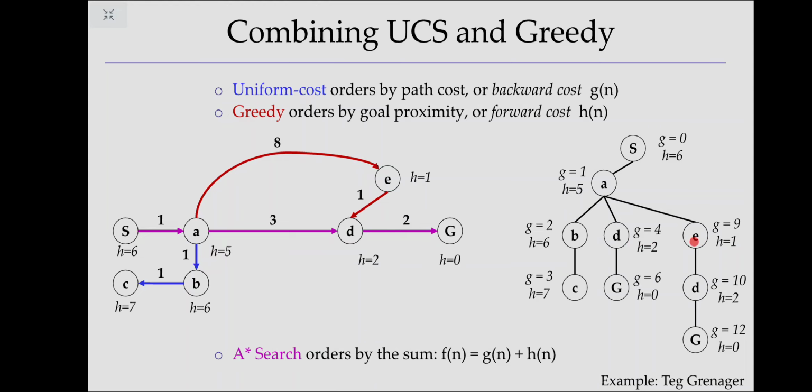Now, the greedy algorithm chooses the least F. F for B is 8, F for D is 6, and F for E is 10. D is the best. We continue the process from D. D has a single neighbor.